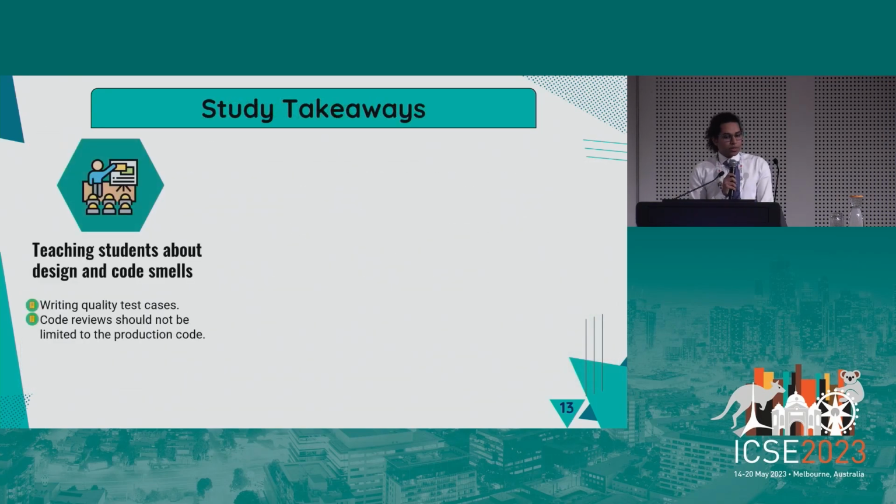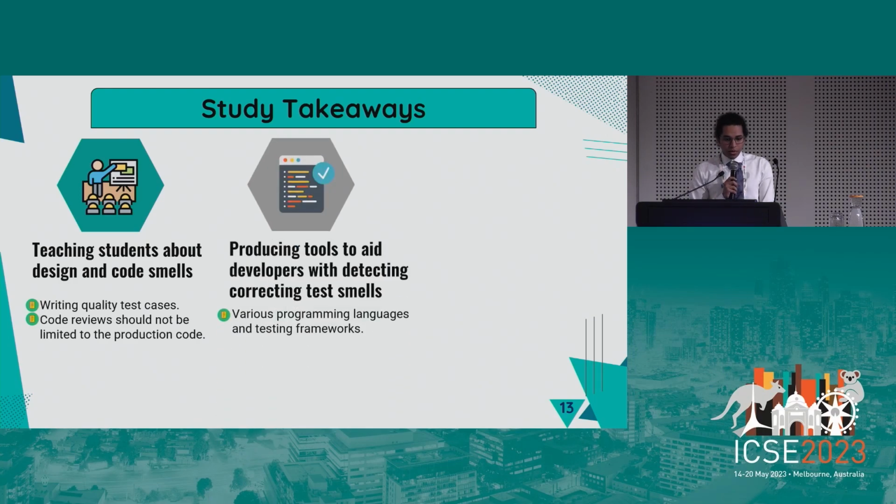So the takeaways: teaching students about designing and coding small, and writing quality test cases. Code review should not be limited to production code, so education should also emphasize reviewing test code. Producing tools to aid developers with detecting and correcting test smells.